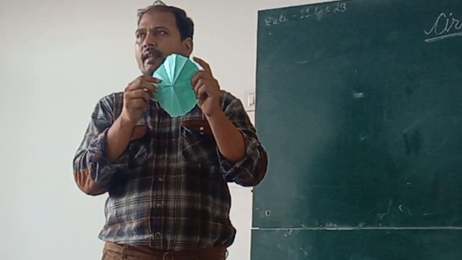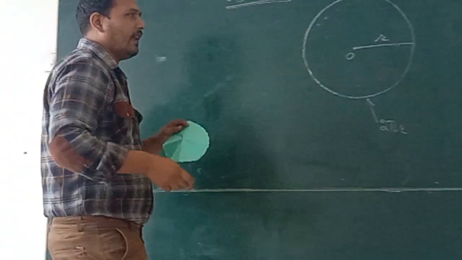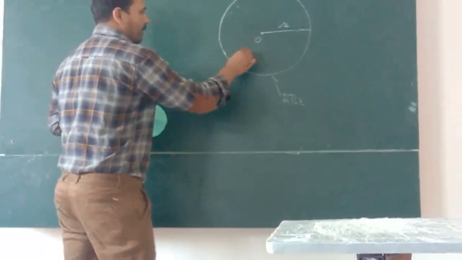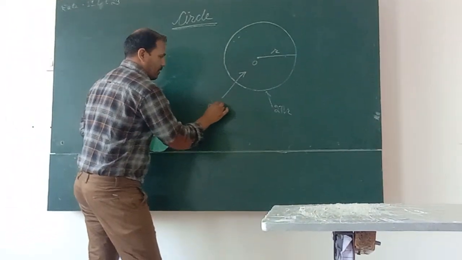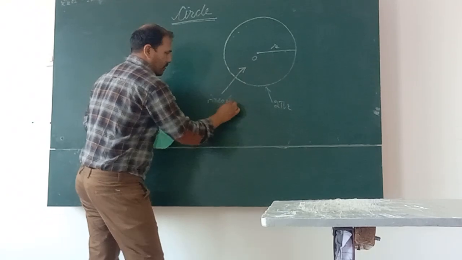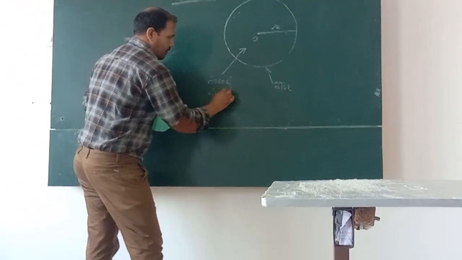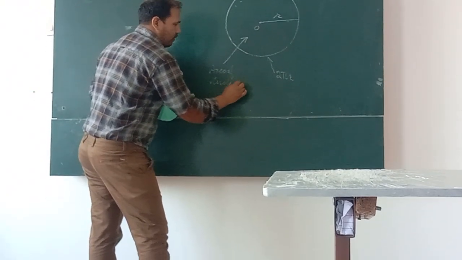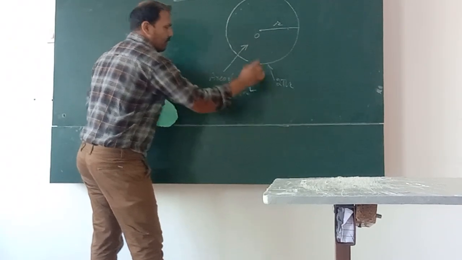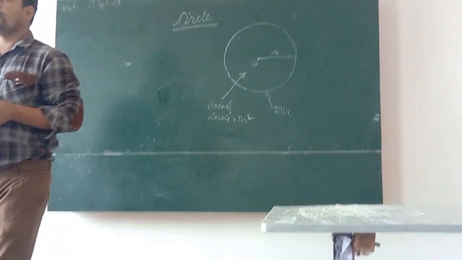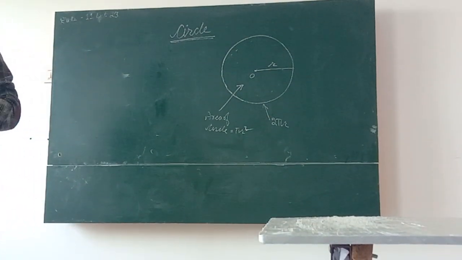Clear? Now the formula to find the area of the circle: area of circle is equal to pi r square.